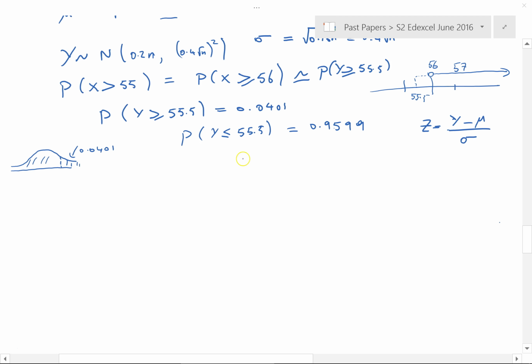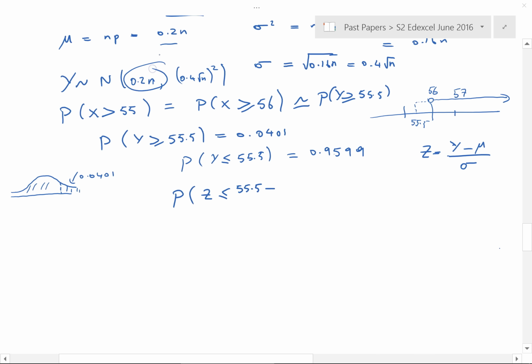So we have the number that we're looking for: the probability Z is less than or equal to 55.5 minus the mean, which is 0.2n, divided by the standard deviation, which is 0.4 root n, is equal to 0.9599.